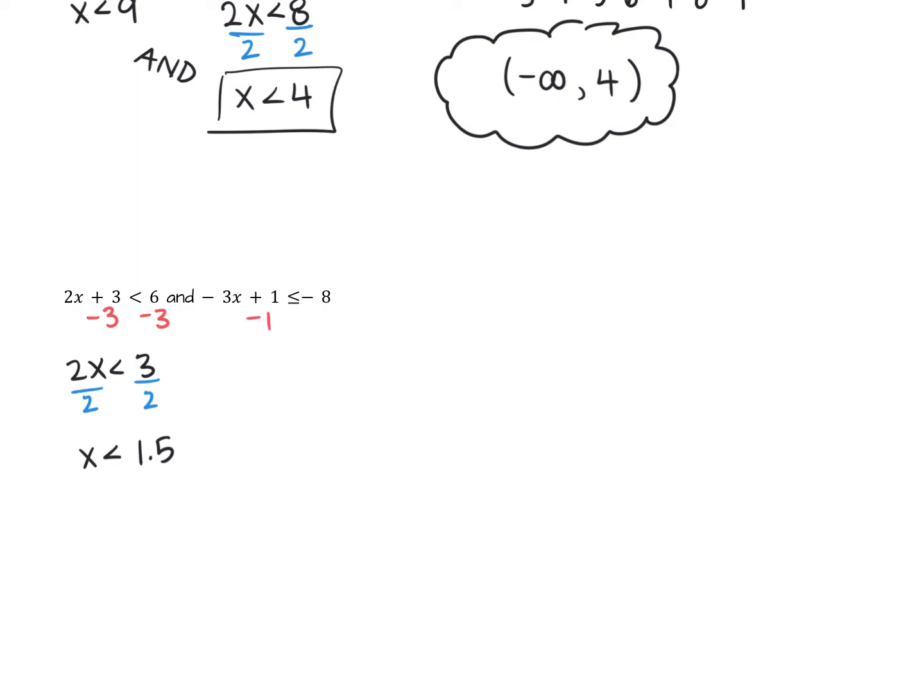For my second inequality, I'm going to start by subtracting 1. So we get negative 3x is less than or equal to negative 9. And then I'm going to divide by negative 3. I'm going to get x greater than or equal to 3.